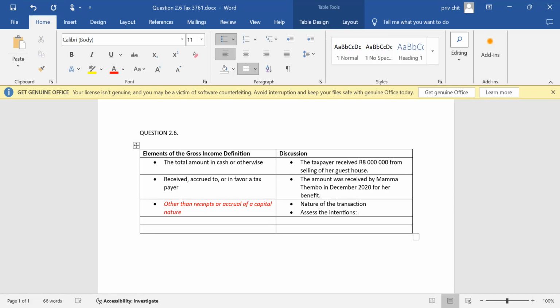So what do I mean when I'm saying assess the intentions of the taxpayer? There are two types of intentions. Number one, which we have to discuss, is called the primary intention. And you also have to discuss the secondary intention, but that's where normally we are going to be assessing if ever there was a change in intention by the taxpayer.